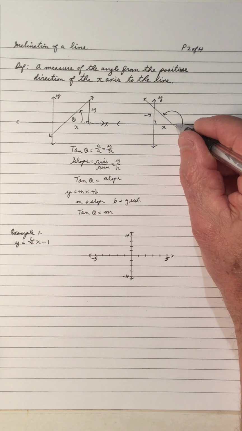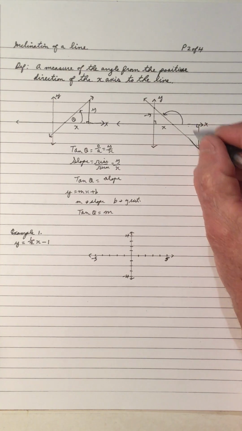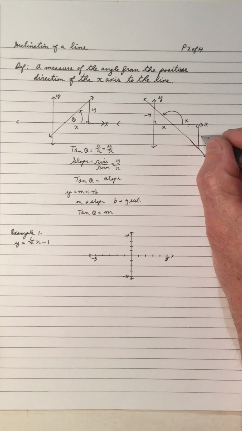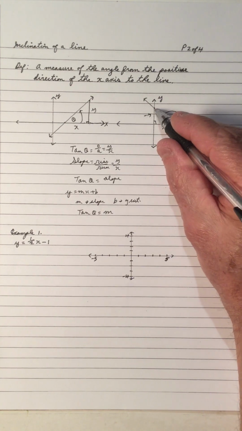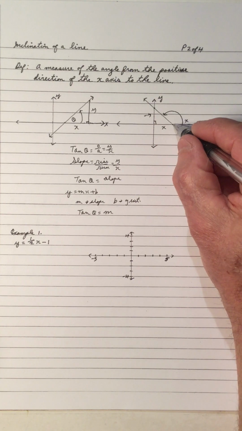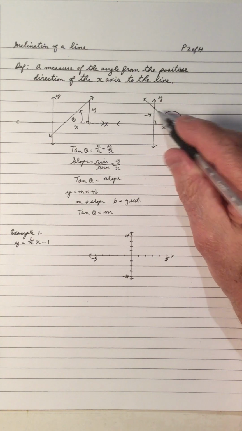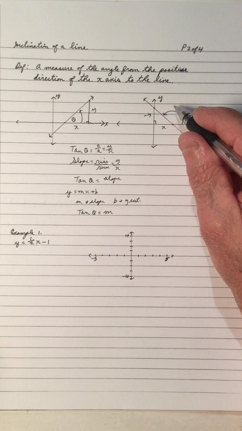From this point to this point, x is positive to the right and y is negative, so the slope is still the negative y over the x no matter what point. The slope of this line is negative, and it will be an obtuse angle.